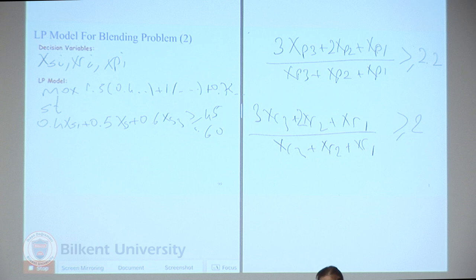You have 60 and 100 demand constraints. And I have 3XS3 plus 2XS2 plus XS1 minus 2.4 times XS1 plus XS2 plus XS3 at least 0. And we have similar things with minus 2.2 greater than 0 and like that. And I have Xij non-negative.